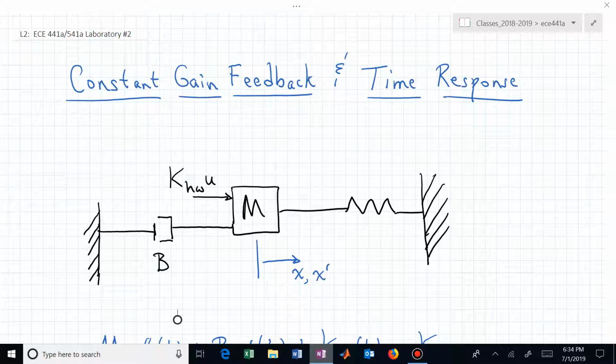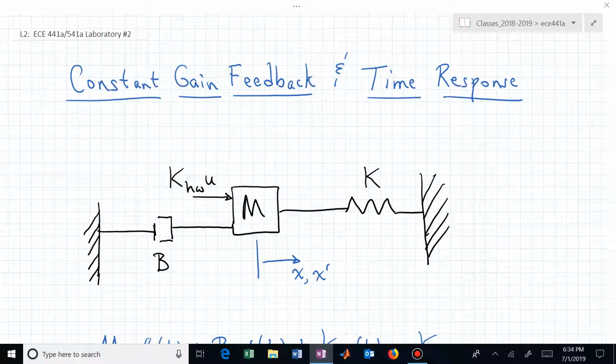Here is our mass spring damper system that we've been dealing with this semester. It's a second order system. It involves positions and velocities relative to mass M, whatever your mass is.